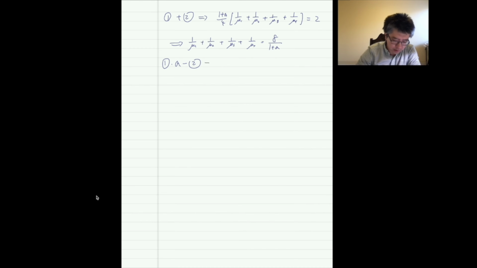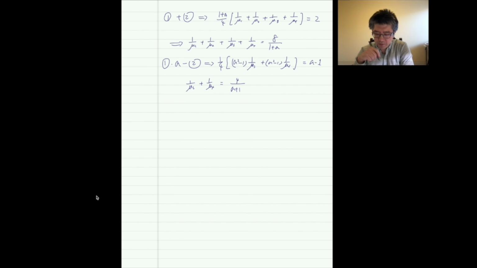In this way, we get (a squared minus 1) over 4 times 1 over mu3, plus (a squared minus 1) times 1 over mu4, that equals to a minus 1. Then we divide by (a squared minus 1) over 4 on both sides. We get 1 over mu3 plus 1 over mu4 equals 4 over a plus 1, because a squared minus 1 equals a plus 1 times a minus 1.